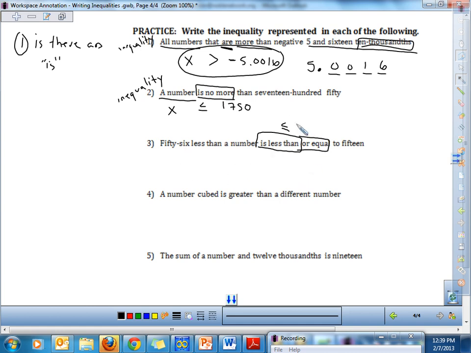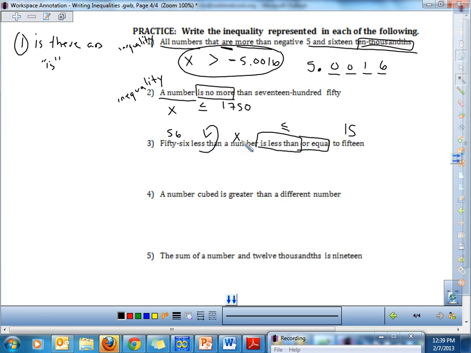This is where your symbol goes, either an equal sign or an inequality sign. This stuff up here is part of the expression, so let's annotate this as we would an expression or an equation. 56 less than. Notice there's no is, so we need to flip this. 56 less than a number is less than or equal to 15.